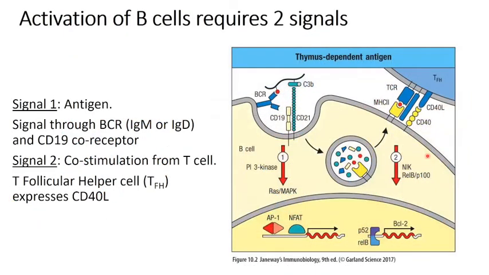Now, this looks a bit complicated, but the take-home message is that activation of B cells takes more than just antigen. It's a very carefully controlled process. Obviously, the first signal is the antigen itself, and remember we talked about the BCR being a signal transducing protein. So the first signal is through the B cell receptor, which is either IgM or IgD, and there are often co-receptors associated, shown here as CD21, which is a complement receptor.